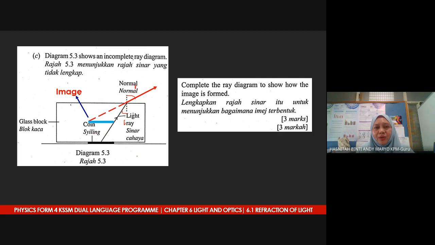Normally we draw two light rays. This is the first light coming from here, then this one also refracts away from the normal. Then we draw the bracket. So you just draw the image there where it should be, above the real or actual point.